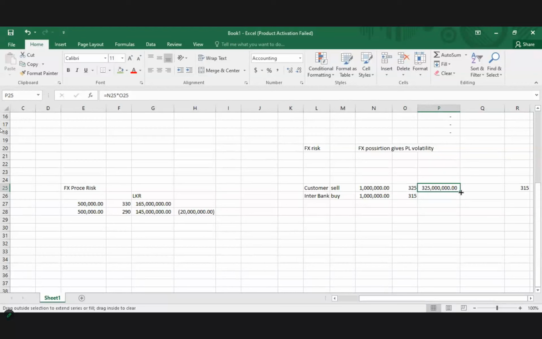Then I sold at 325 and got so much. Then I squared the position and then I had to incur so much of cost. So therefore, my profit is 10 million. Do you follow me?